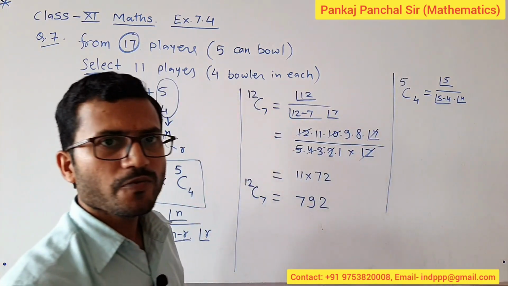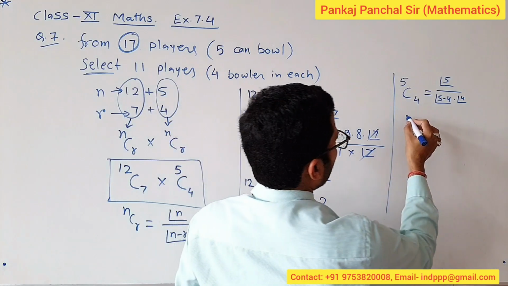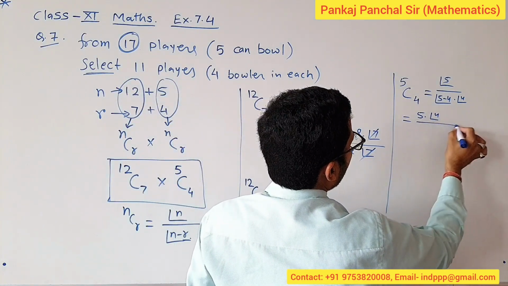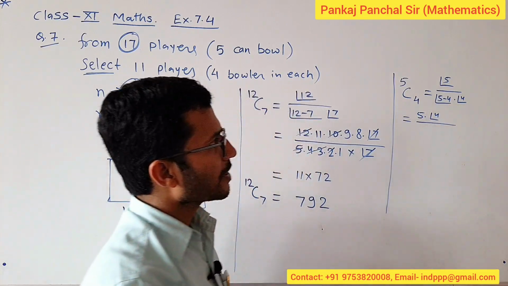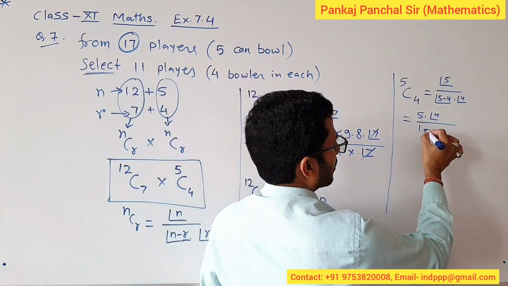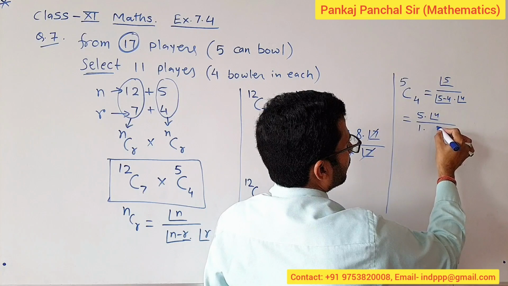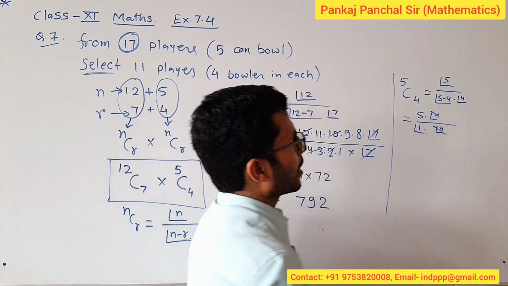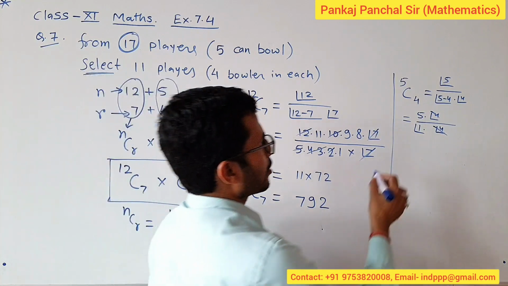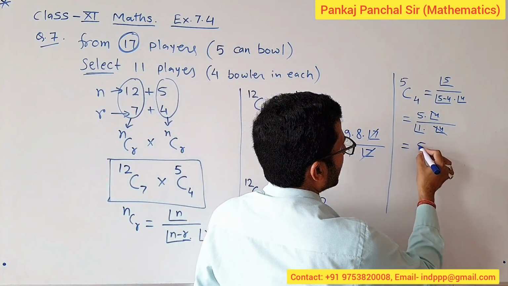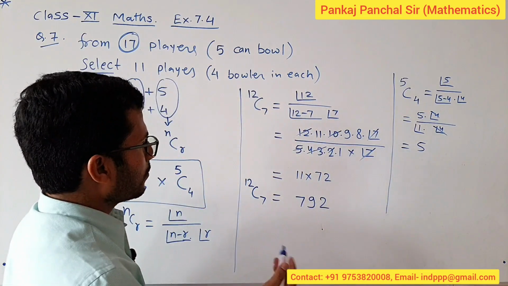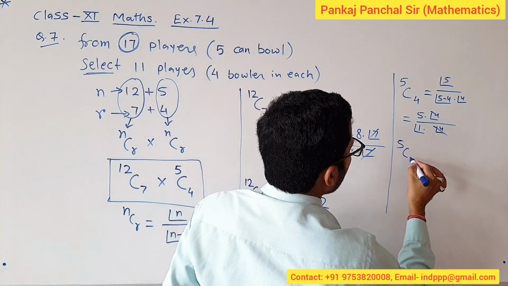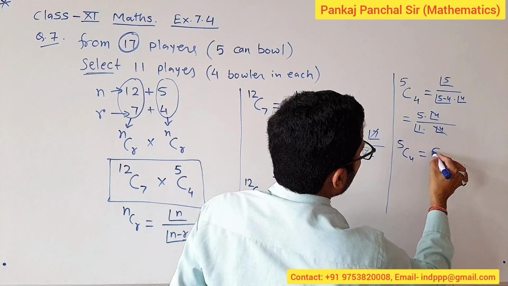Now we can expand factorial 5 into 5 into factorial 4, divided by 5 minus 4, which is 1, and factorial 4. Factorial 4 and factorial 4 cancel out, so you get 5. So the value of 5C4 is equal to 5.